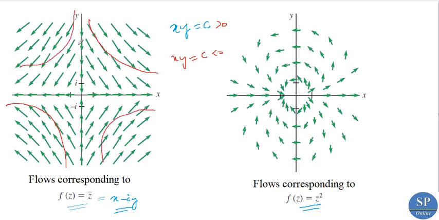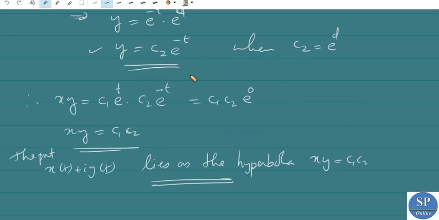So we can see the streamlines will be like this. For xy equal to c1 c2, that means x of t plus i y of t lies on the hyperbola xy equal to c, and c is a constant. If you take different values of c, you will get different hyperbolas.